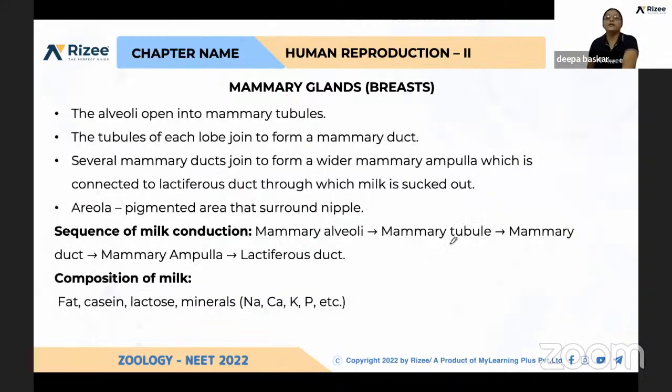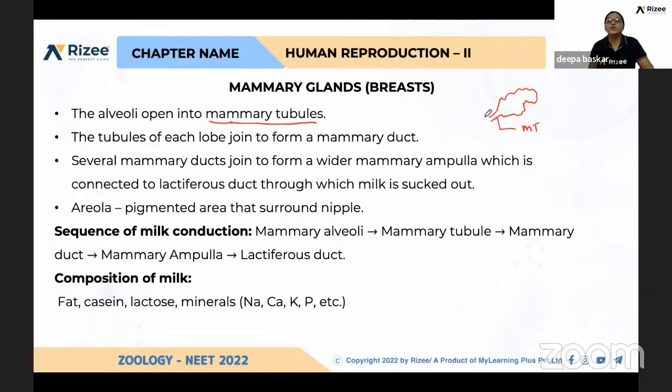See again, the alveoli open into mammary tubules. You might have seen this question. These are many alveoli, and they open into mammary tubules. These tubules form the mammary duct.